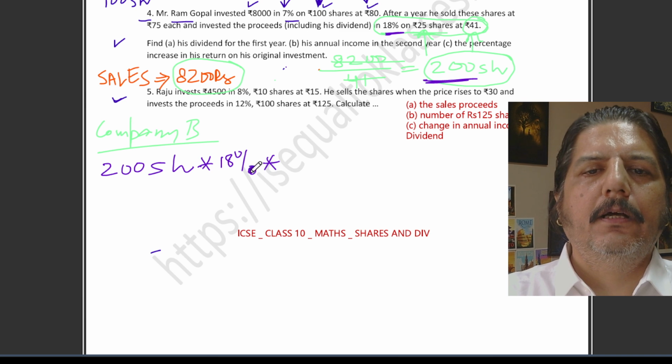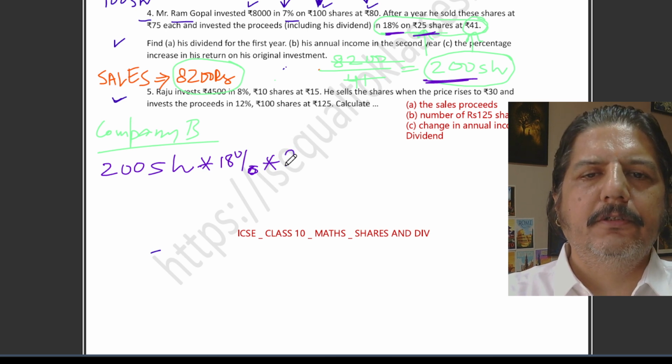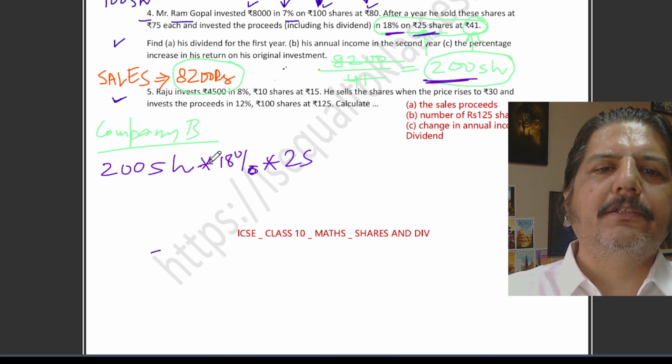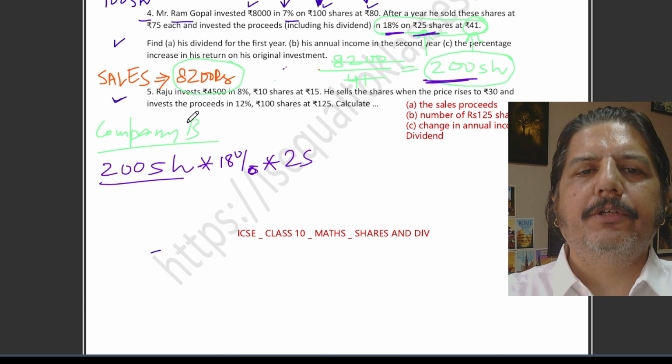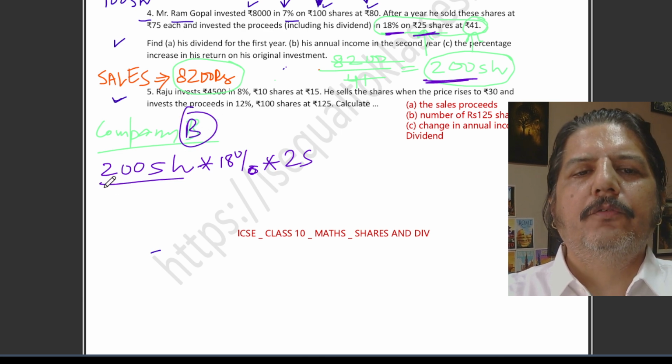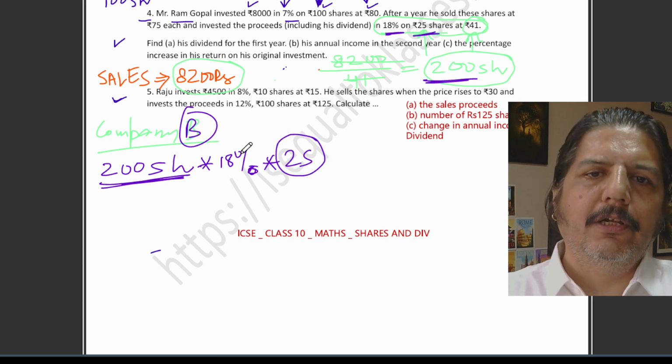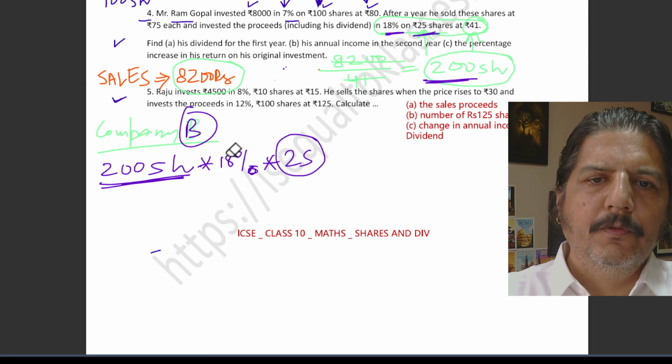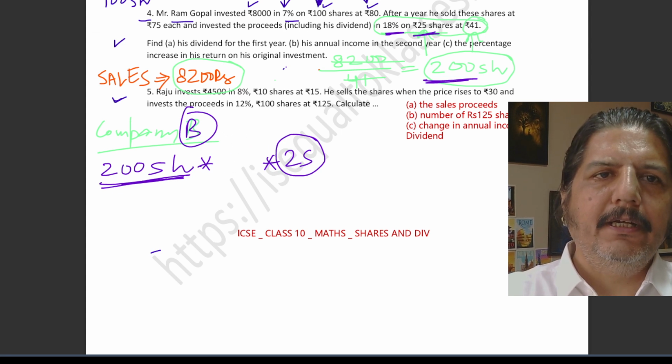And I understand that the face value of each share is rupees 25. So I'll have to calculate this. So 200 shares, we are talking about company B. So 200 shares multiplied by 25, the face value, multiplied by 18%. So this 18% can be written as 18 upon 100.